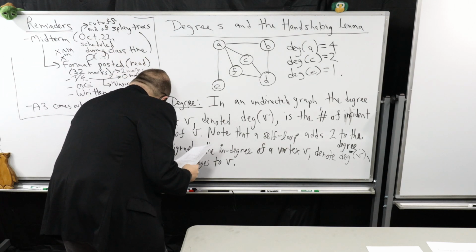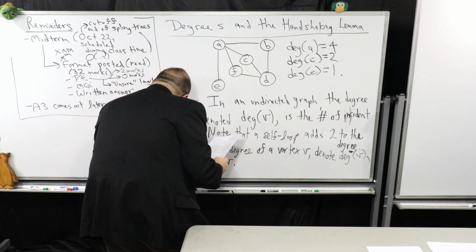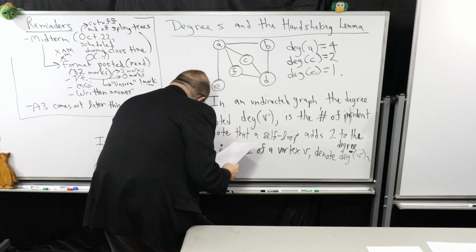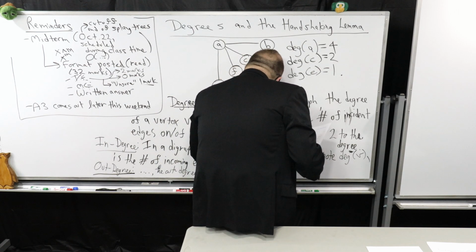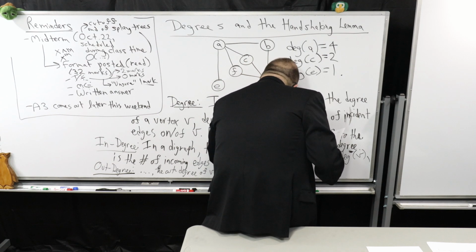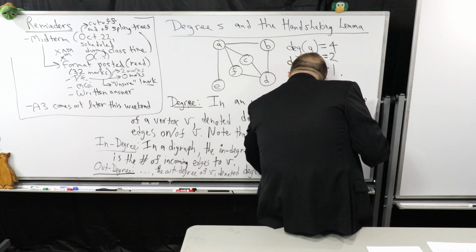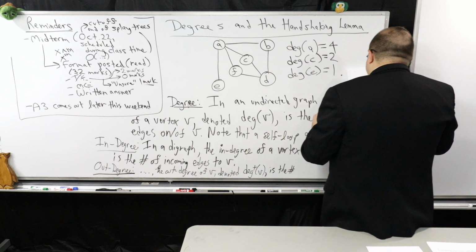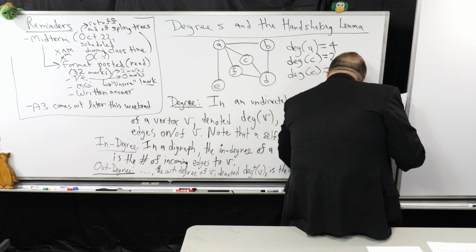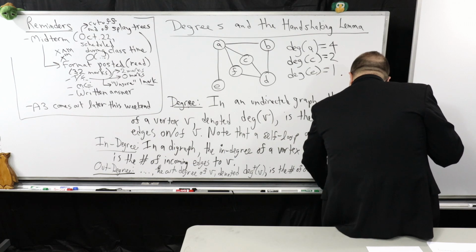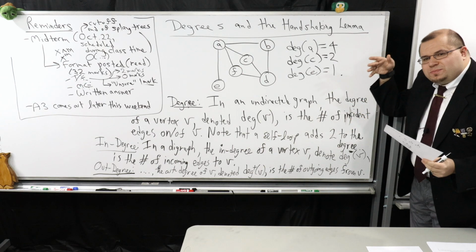In a digraph, the out degree of V, denoted d with the plus instead of a minus, d plus of V, is, you might guess it right away, the number of outgoing edges from V. Remember, we have edges that go from a vertex to another one. I'm just counting all the arrows that splay out from a vertex.